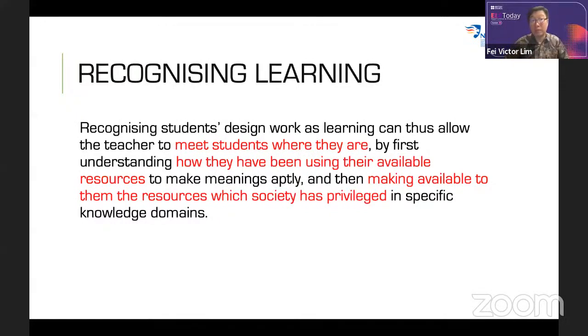So for instance, the resources that society has privileged could be language. So how can we then provide them with the linguistic resources so that they're able then to augment and transform the kind of text that they are already making out there?